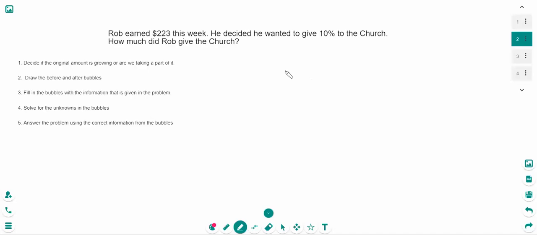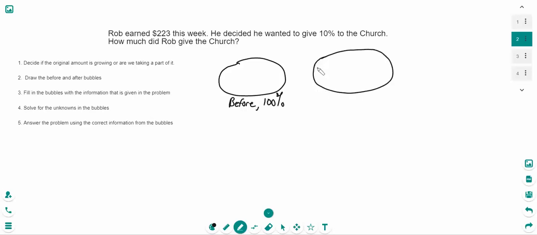So that would indicate that our bubbles are going to be the first one, which is always the same. That's just the original. That's the before. Or we could say the 100%. And then our second bubble is not going to be a double bubble. Our second bubble is going to be a divided bubble. Okay, so we've got that listed out.